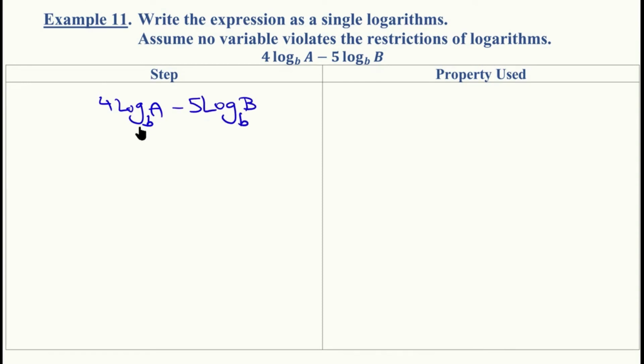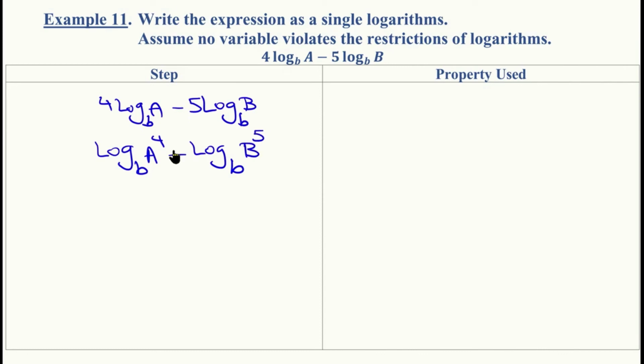So obviously, if I'm going to try to get these into just one logarithm as a format, first I should go ahead and get rid of the 4 and the 5 and take them and make them powers using the power rule. So I get log base b of a to the 4 minus log base b of b to the 5.